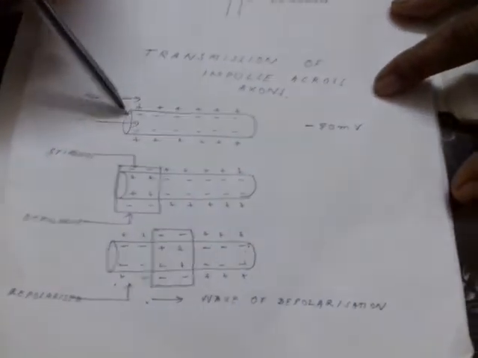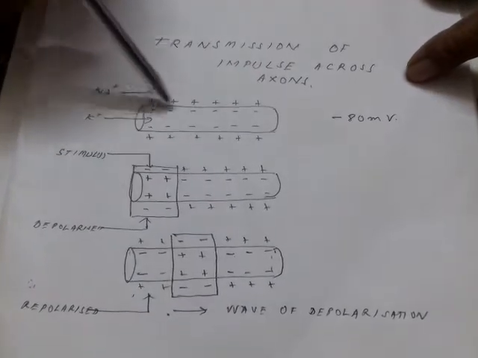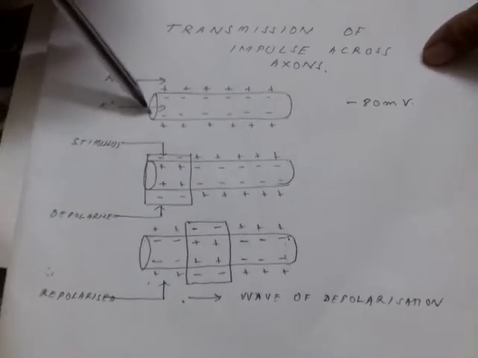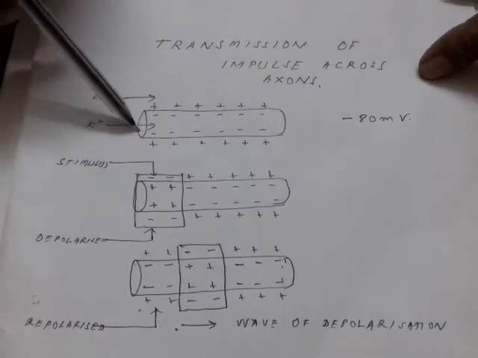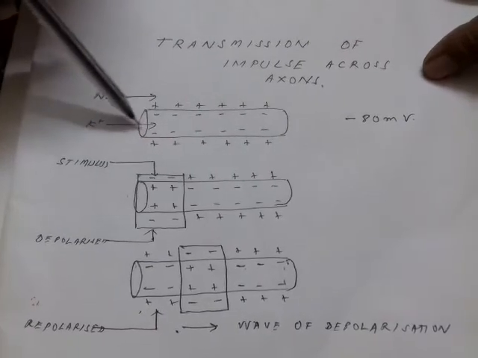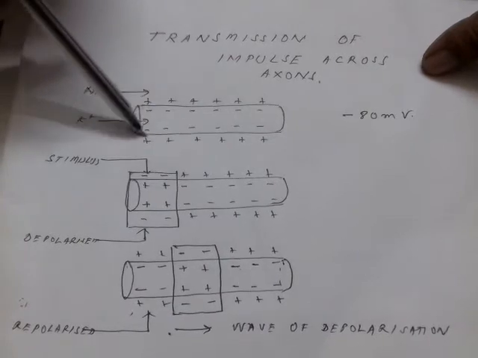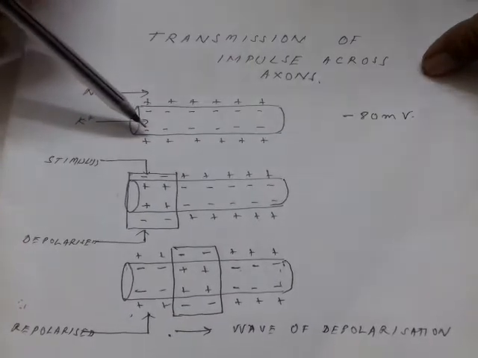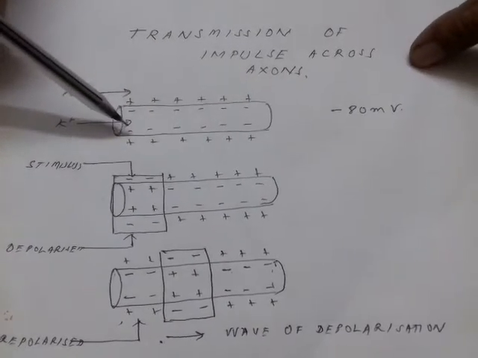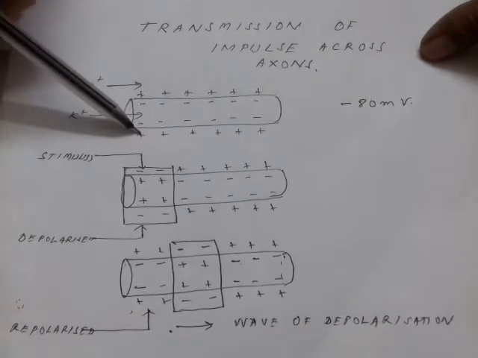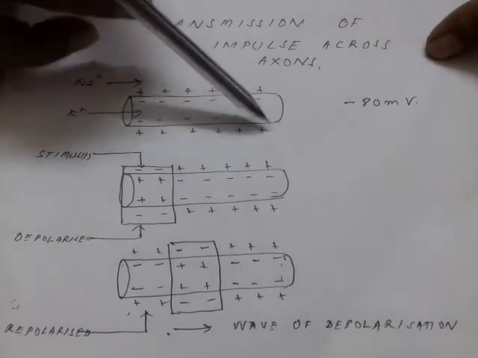Here, see this one I am showing, this is a portion of the axon. This cylindrical structure is the axon, and suppose this is the axon hillock, towards the end of the cyton. I am showing a non-myelinated axon, and you can see there are positive ions shown on the outside.